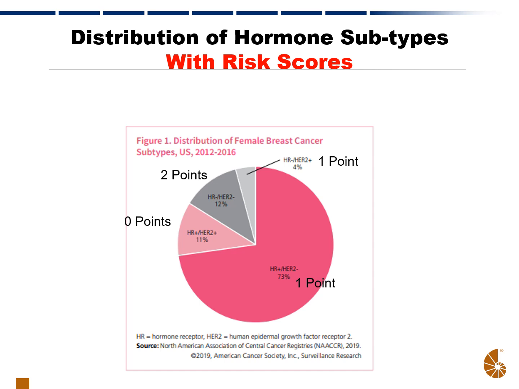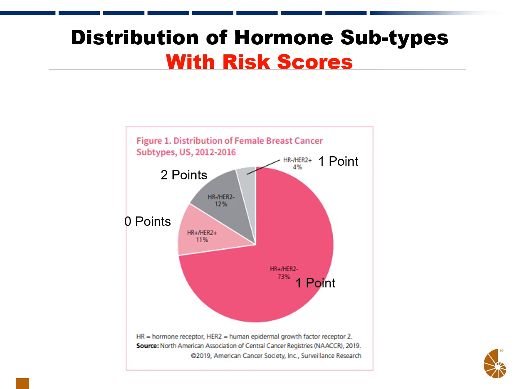So here's just kind of a distribution of the hormonal subtypes that are involved with what we're doing with these risk scores. You can see that by far the greatest percentage of cancer is hormone receptor or ER receptor positive and HER2 negative, and that's 73% of breast cancer.